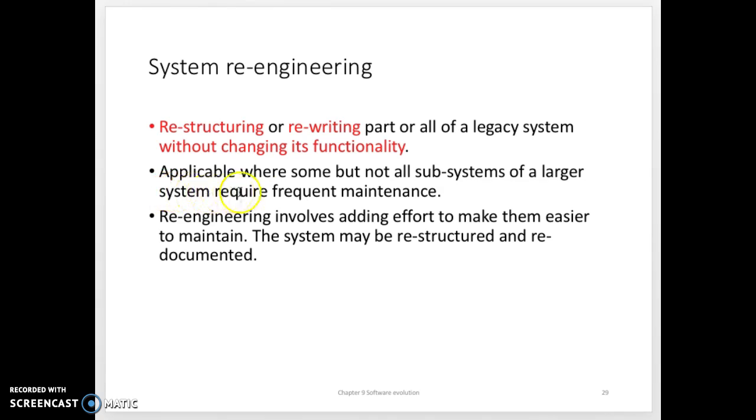So it is applicable where this part of or all of the system requires frequent maintenance, and frequent maintenance means higher cost and higher effort. So re-engineering, meaning rewriting or restructuring, is a solution to reduce that cost, and re-engineering involves adding effort to make it easier to maintain, as the system may be restructured and redocumented.